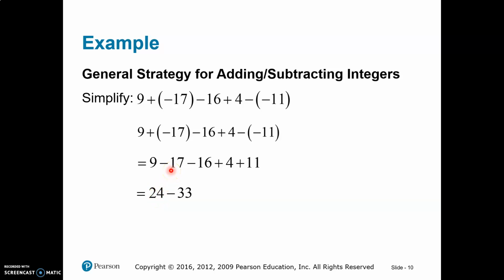The negatives are 17 and 16, which together give us negative 33. Therefore, 24 minus 33 is negative 9. Negative 9 is the answer.